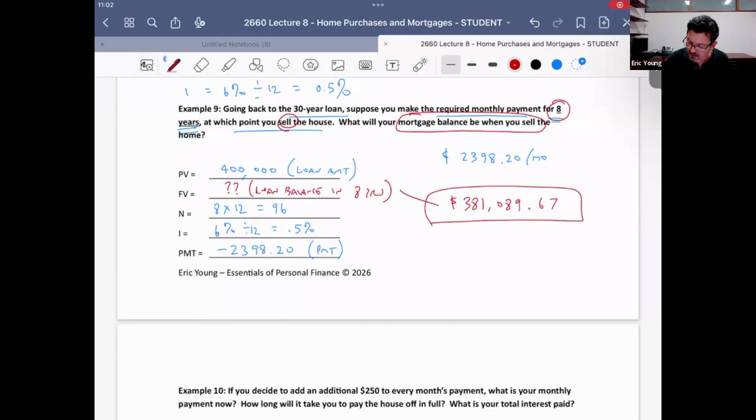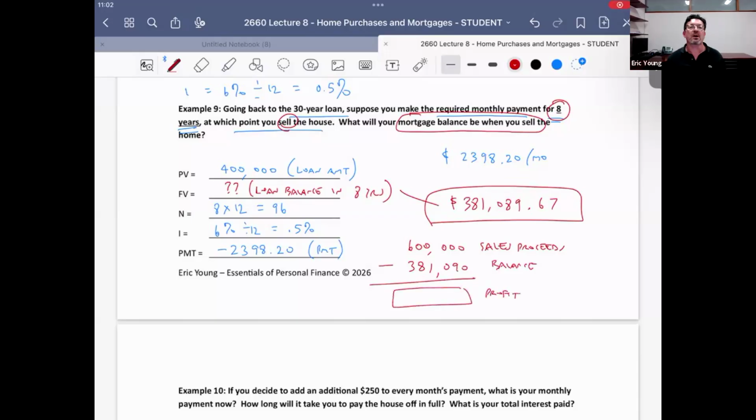Just make that number up. 600,000 is going to be your sales proceeds from selling the house. You're going to have to put 381,090 to pay off your balance on your loan. The difference, that's your profit on the sale.